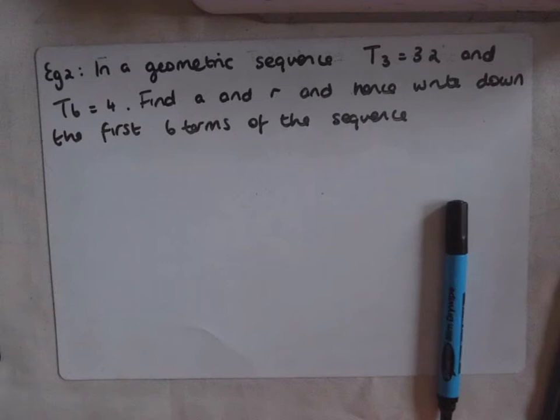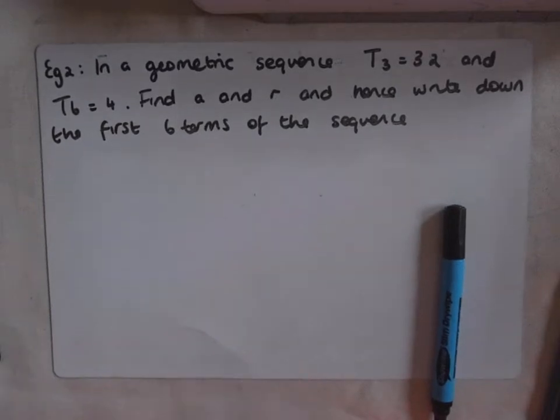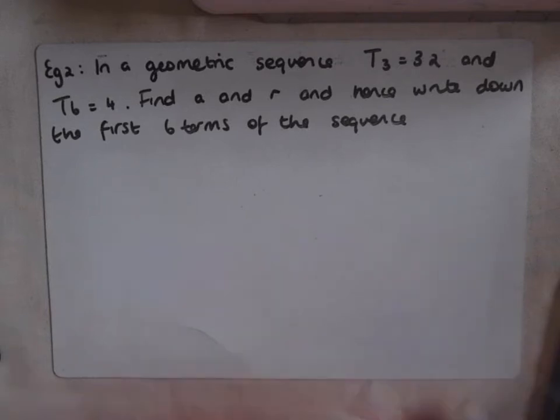So in a geometric sequence, T3 is 32 and T6 is 4. Find A and R and hence write down the first 6 terms. Okay, so we know it's geometric and the third term is 32.